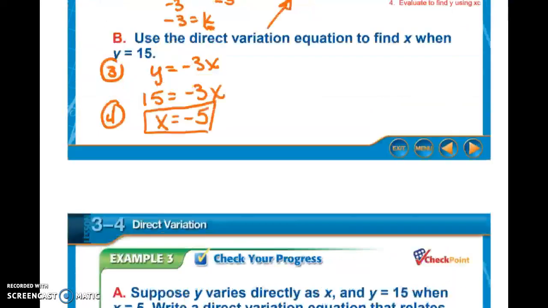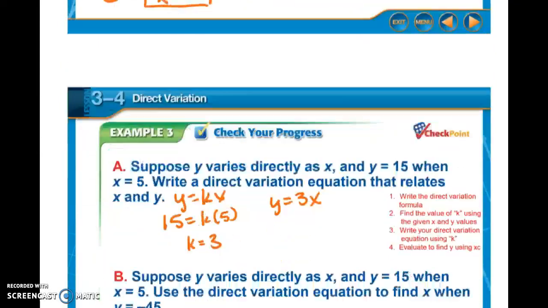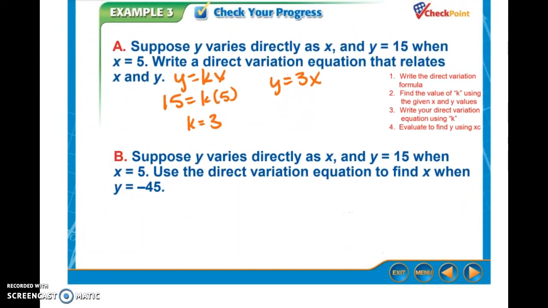This is kind of like our other one, but the other one had negative 3 on it. So we're going to take y equals 3x. The same instructions here. Then it says use the direct variation equation to find x when y equals negative 45.